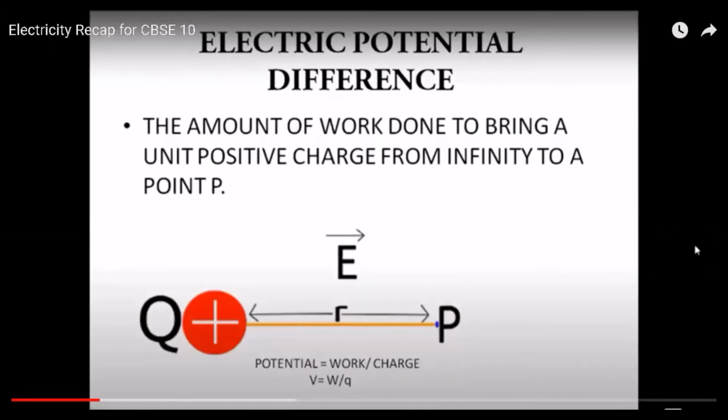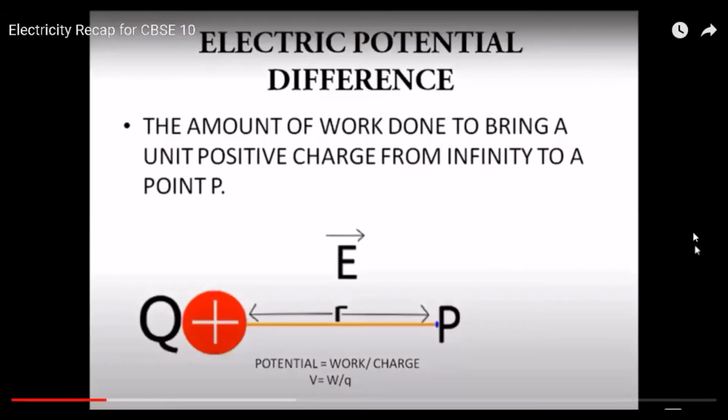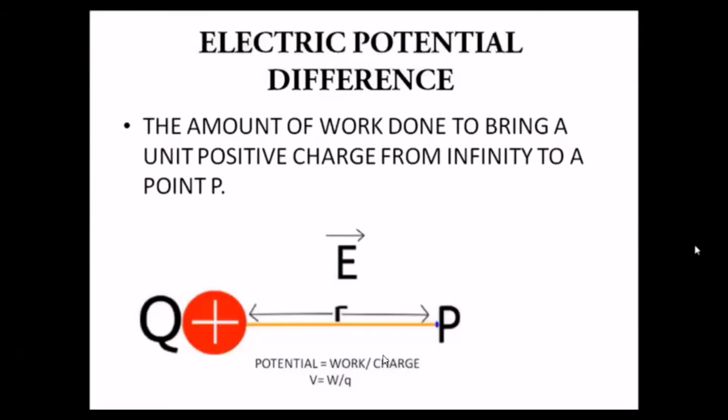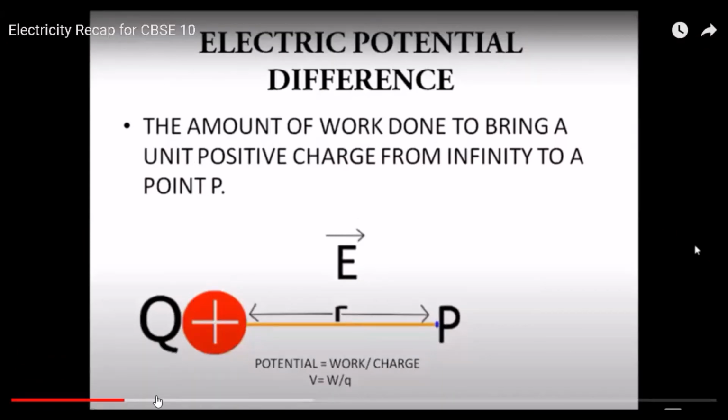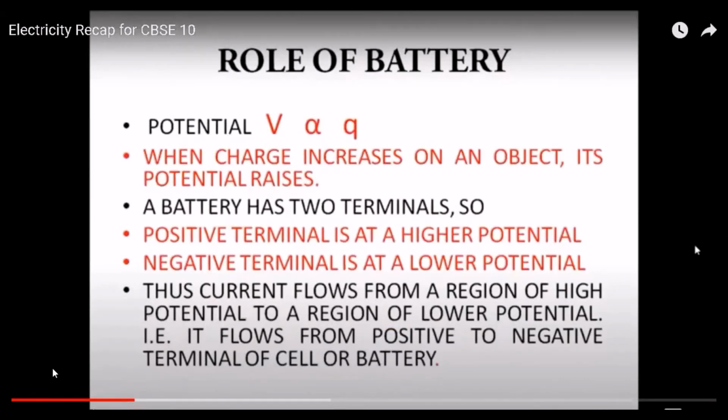Potential difference between 2 points is similarly work done to bring a unit positive charge from one point to another point. In layman language, potential difference is called voltage and its unit is volts. When a vessel is filled with water, its level raises. Same way, when an object is given charge, its potential raises.